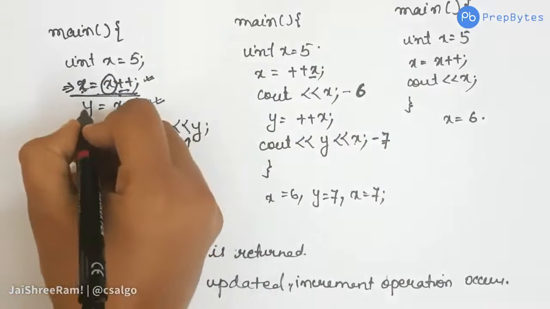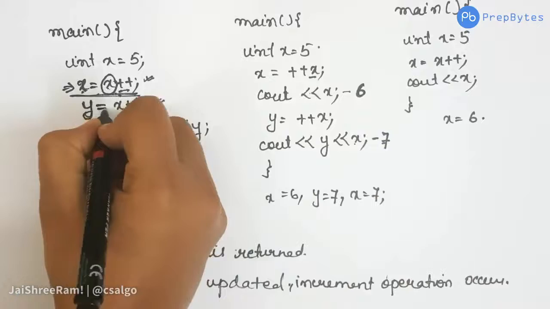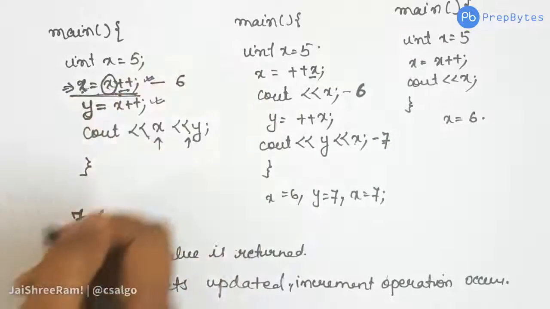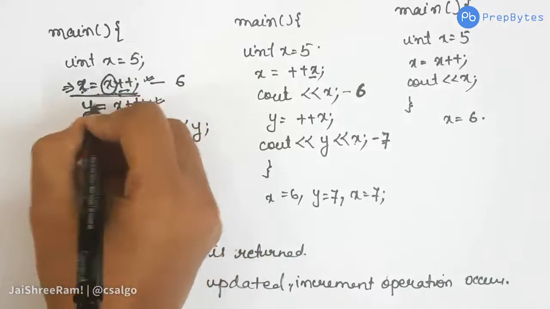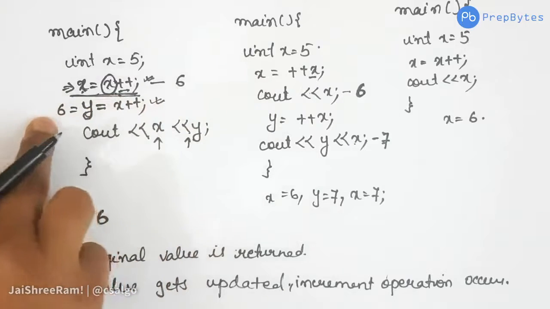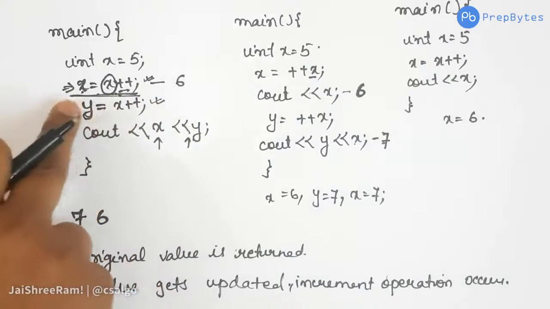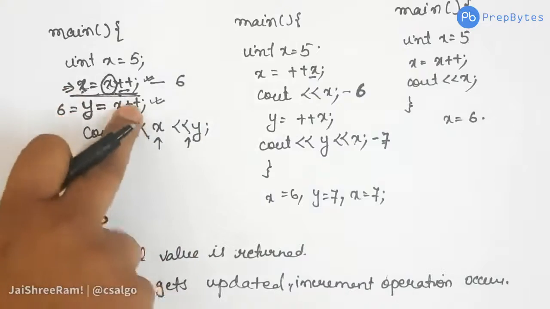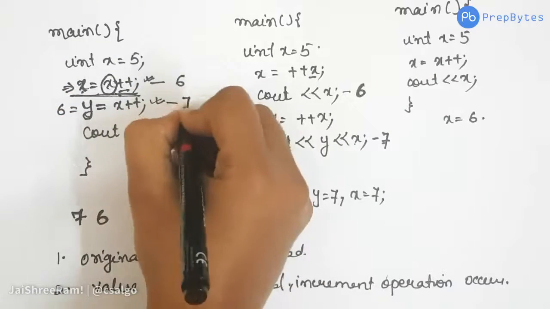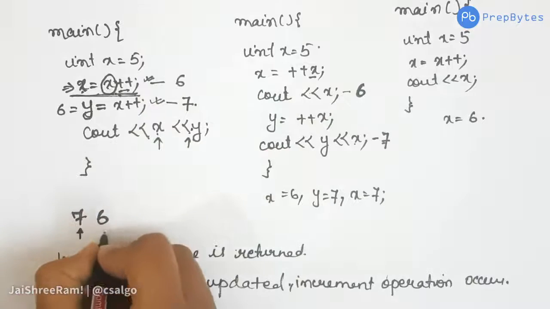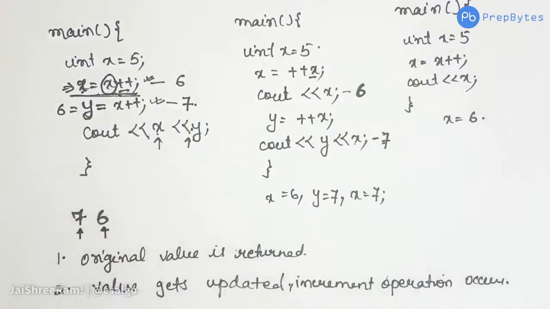But here what we are doing is y = x++. So x is 6 here. So we assign the value of 6 to y. y gets the value of 6 and then after this value is assigned to y, x gets incremented to 7. Hence, when we print x and y here, we get the values as 7 and 6.